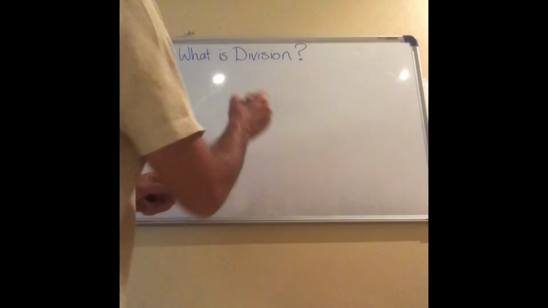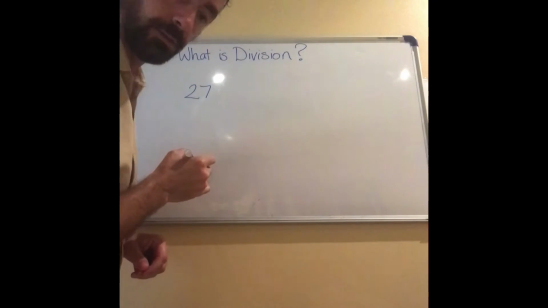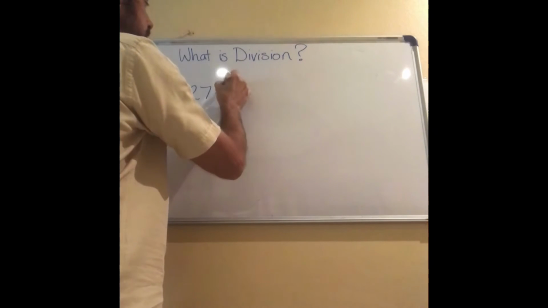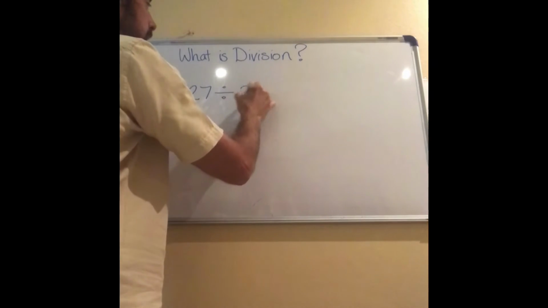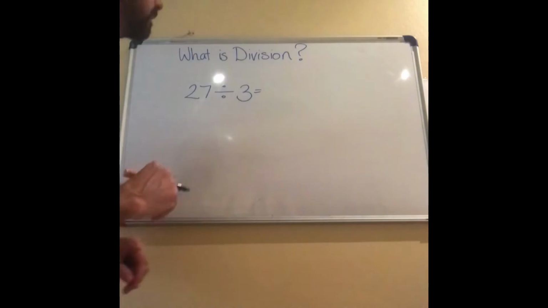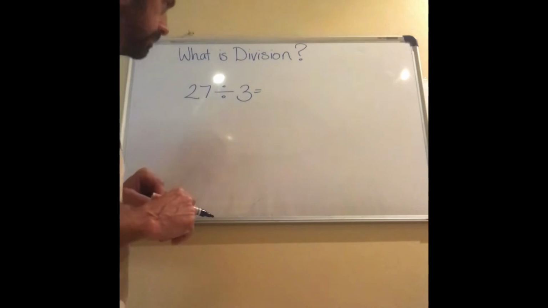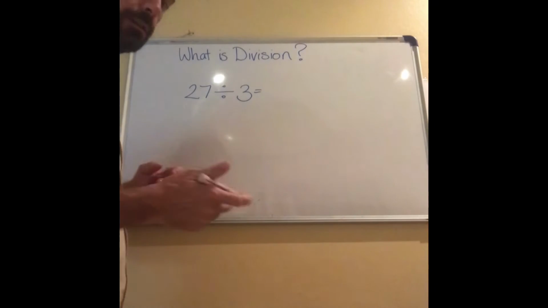So let's say Mr. Worry has 27 sweets, his favorite number, and he wants to share that amongst 3 of his friends. So what we've learned in year 1 and year 2 is that we can create groups.